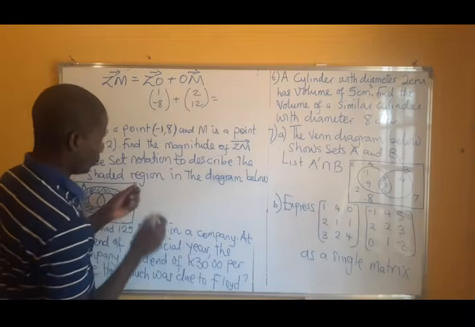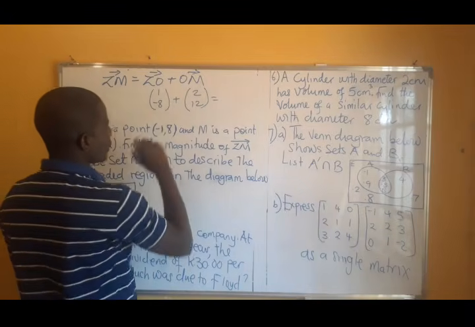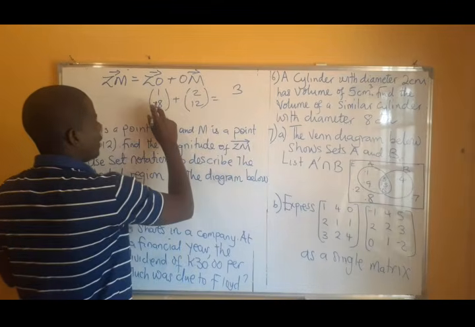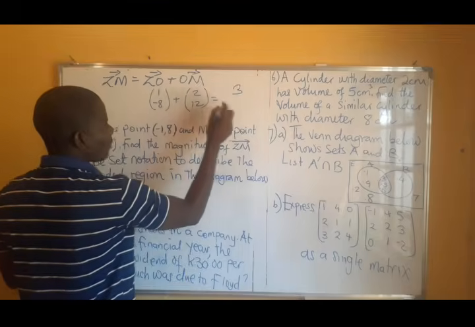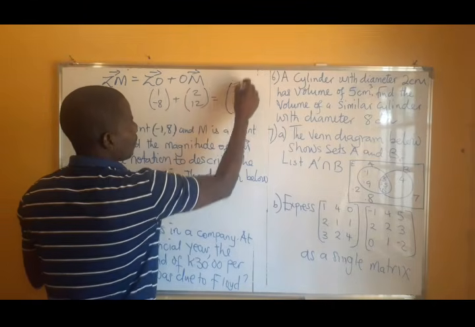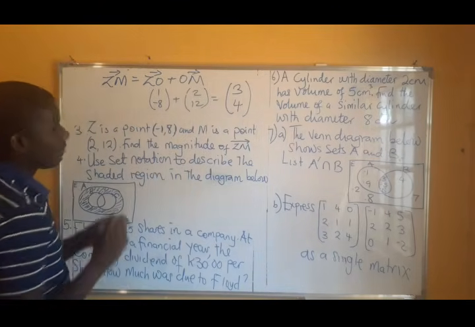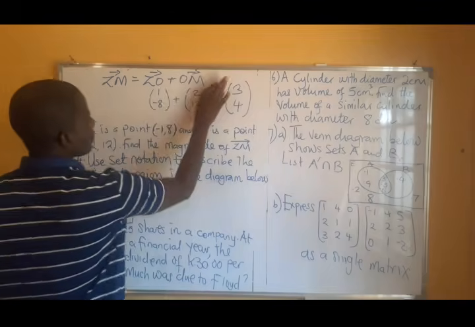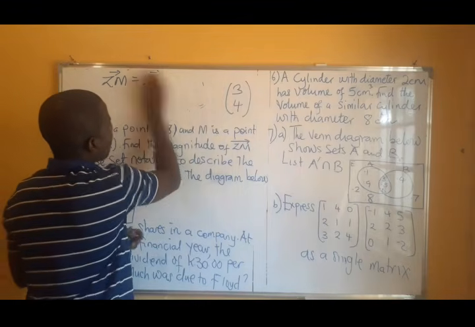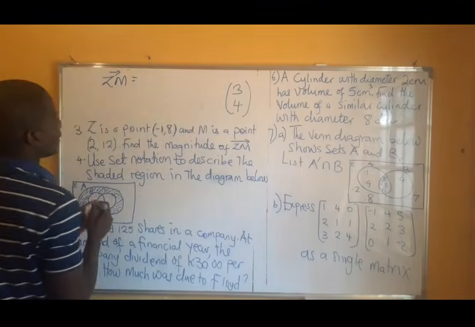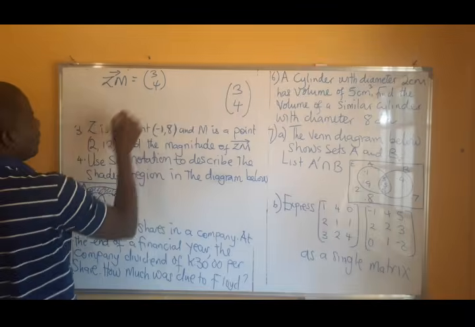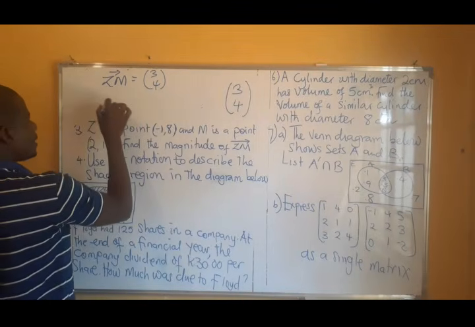Then we add these two. When we add these two, what are we going to get? This one will give us 3, and -8 plus 12 is going to give us 4. So we have gotten 3 and 4 here. But remember, the question wants us to find what?